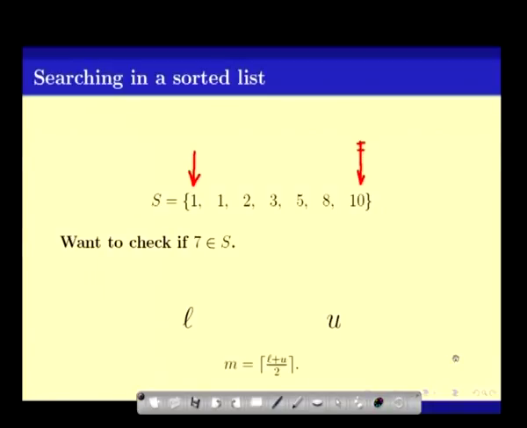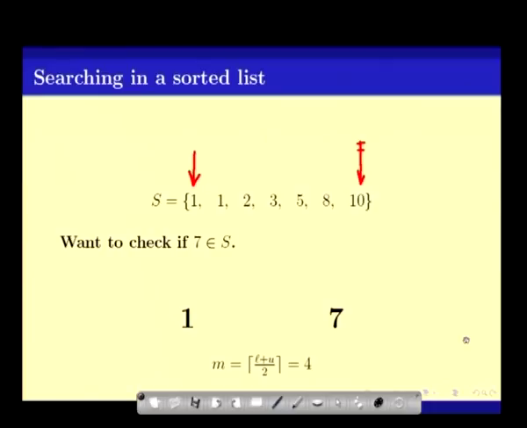Now, when we have L and U, if 7 exists in S, then 7 must be in one of the elements between these two arrows. Then we will go to the middle arrow, which is (L plus U) by 2, the middle place, and then we will search that place. So, let us see. To start with, what is L?